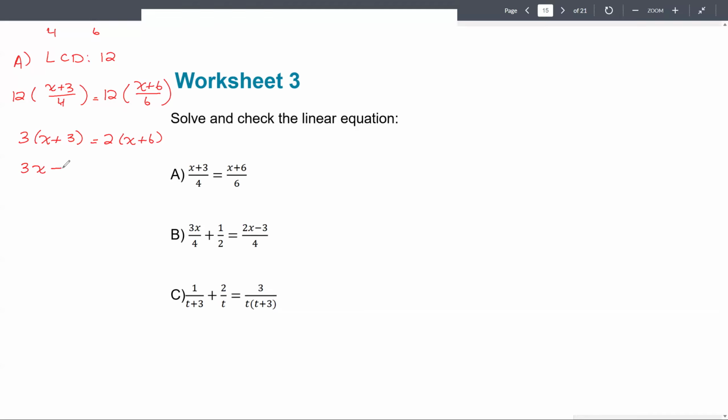That is 3x plus 9 equals 2x plus 12. So if I subtract 9 from both sides, I'm going to have 3x is equal to 2x plus 3. And subtract 2x from both sides, I'm going to be left with x is equal to 3.